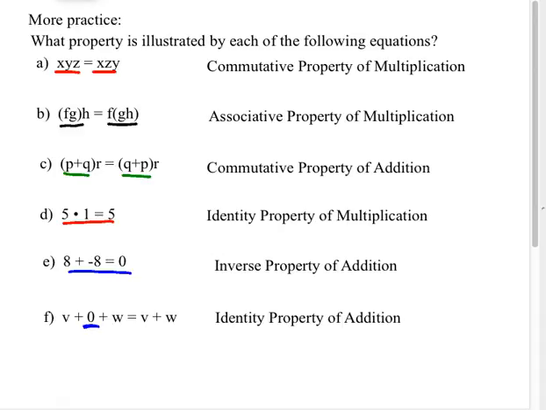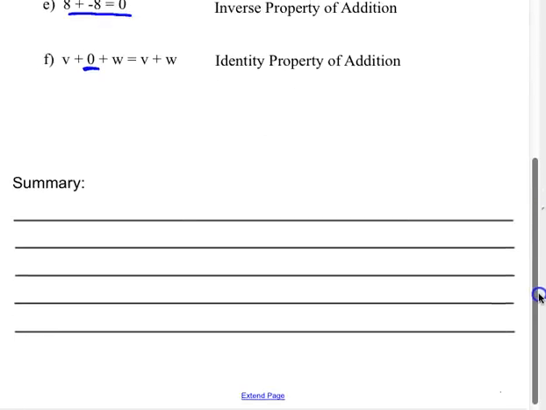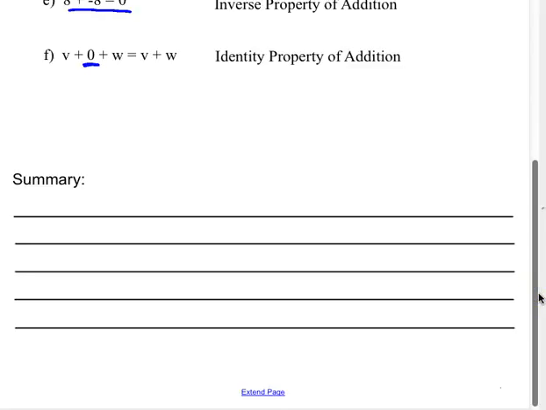All right, so hopefully after all of these examples, it kind of clears things up for you and you've got this down. Now, the way this works is after you watch this video, after you have all of this written out, you'll come back the next day, I'll check over your notes, and then I'll have worksheet activities and stuff like that for you to do in class. Now, you may notice this summary down here at the bottom.